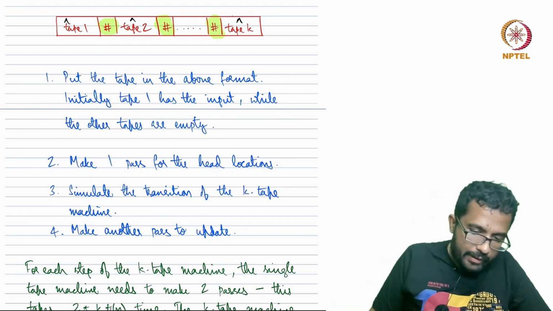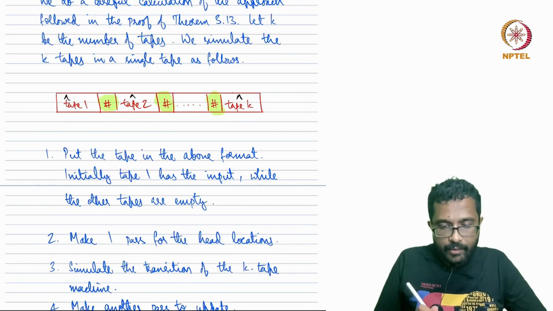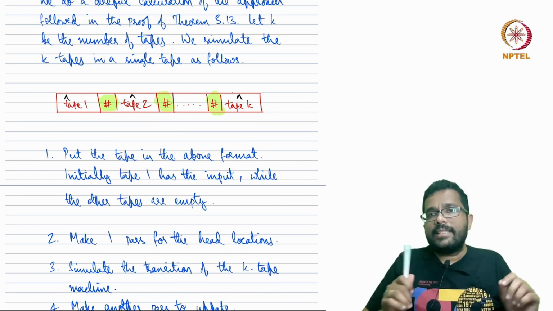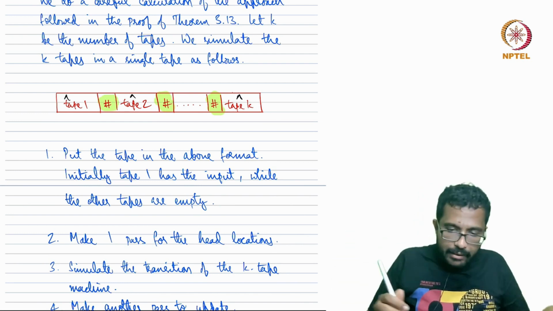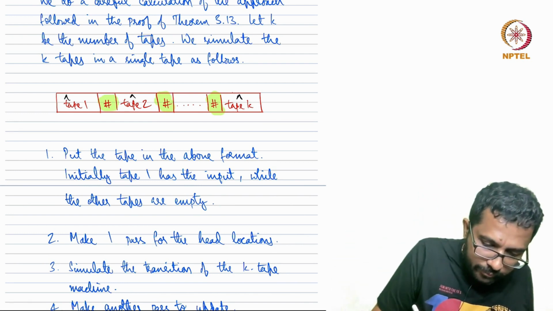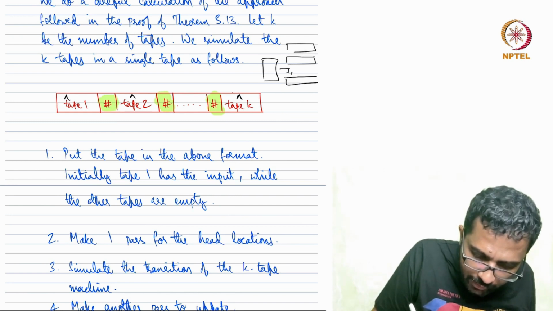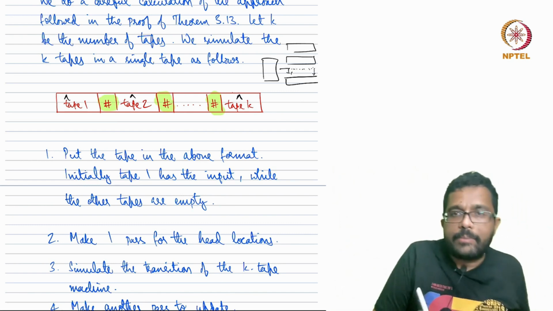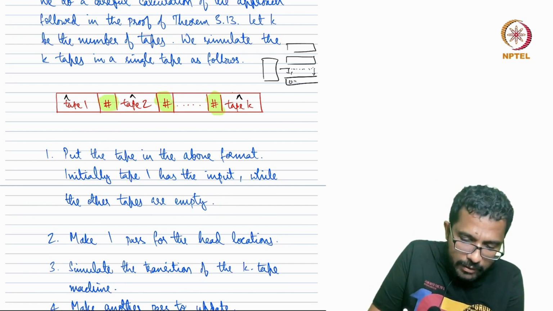If you think about it, these are tapes corresponding to the multi-tape machine. So if the multi-tape machine runs in t time, how much can the tape get filled up? If there is a multi-tape machine and this tape, let's say every step it moves one step to the right, then in t steps it can fill up to t spots.